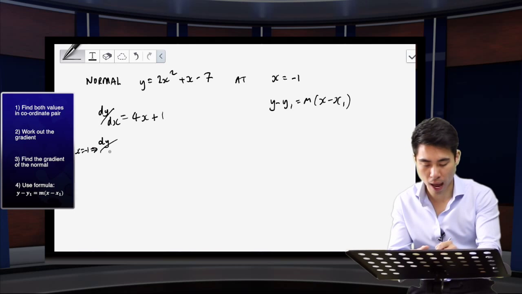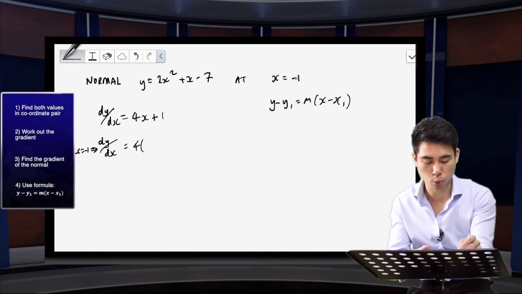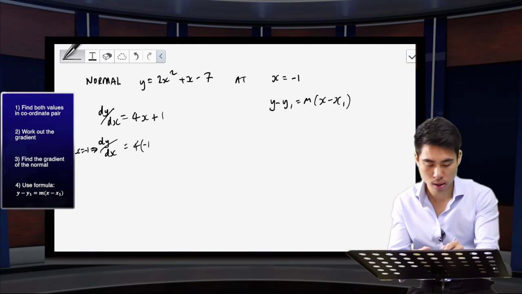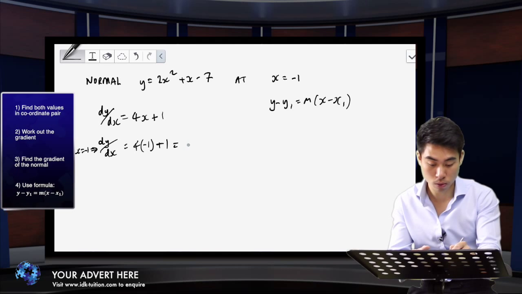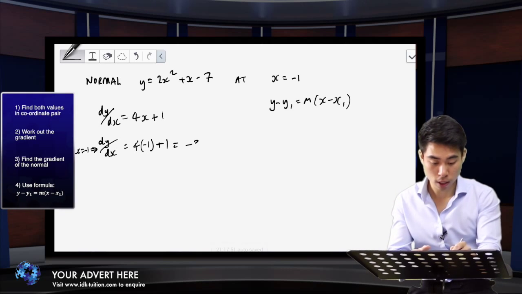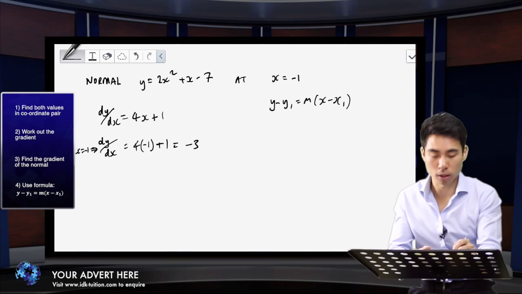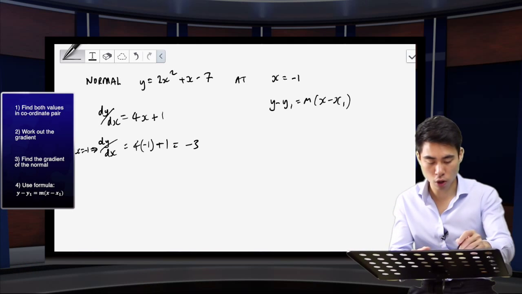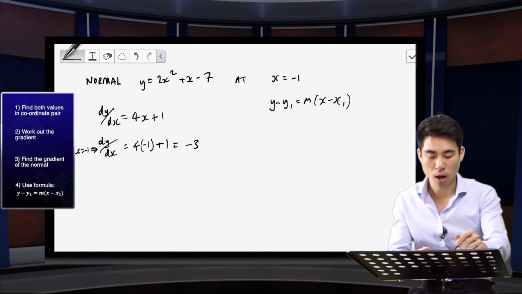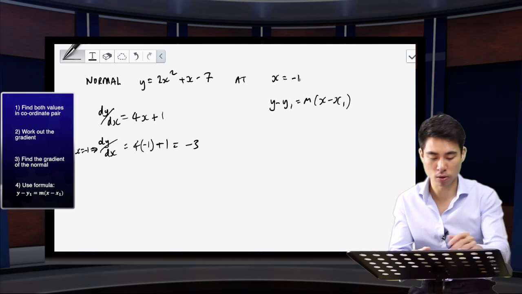our dy by dx is going to equal 4 times, I'm just going to substitute my -1 value in place of my x here, plus 1, which equals -4 plus 1, which equals -3. So that's the gradient of the tangent to this curve at x equals -1.